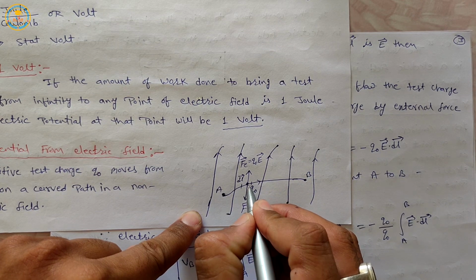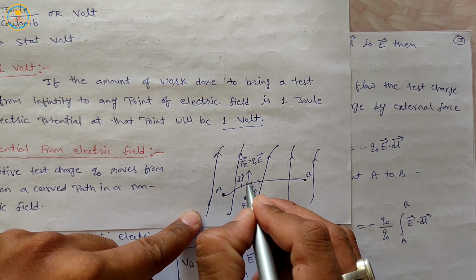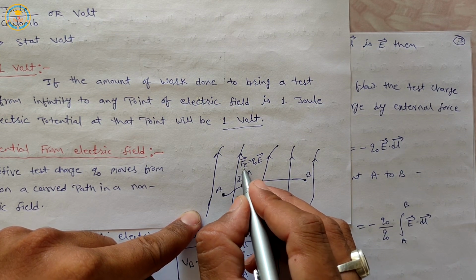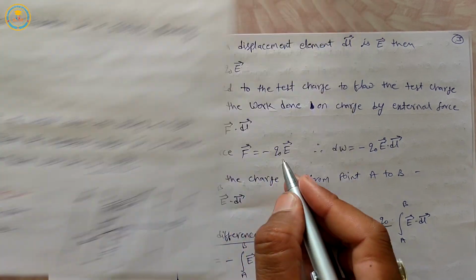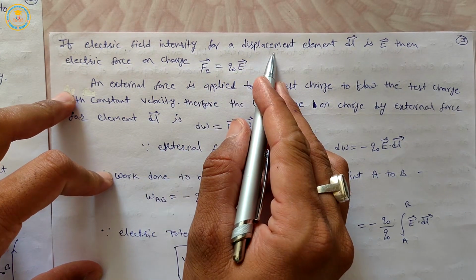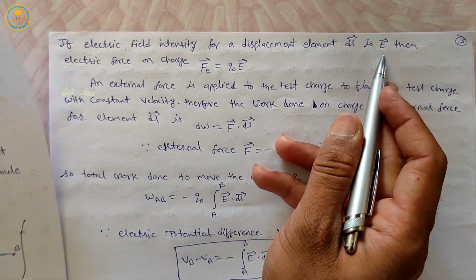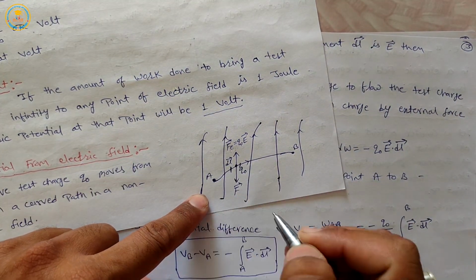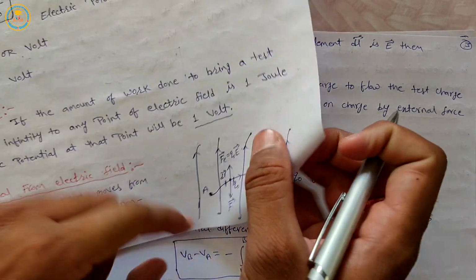Then the electric force Fe on this test charge is equal to q naught E vector. If the electric field intensity for a displacement element dl vector is E vector, this E vector is particular for this displacement, not for the whole electric field.